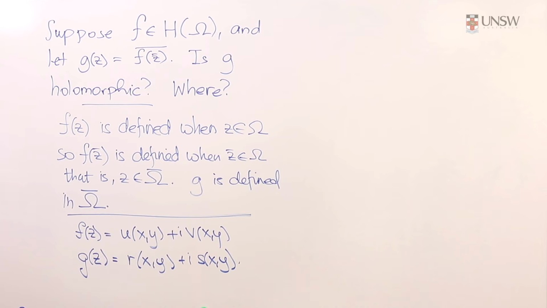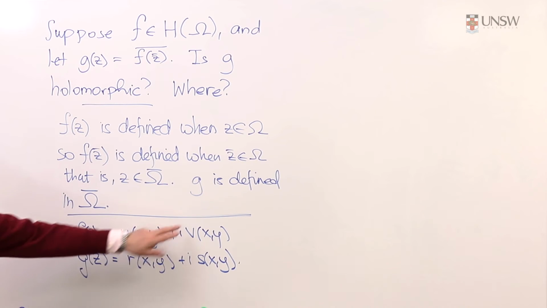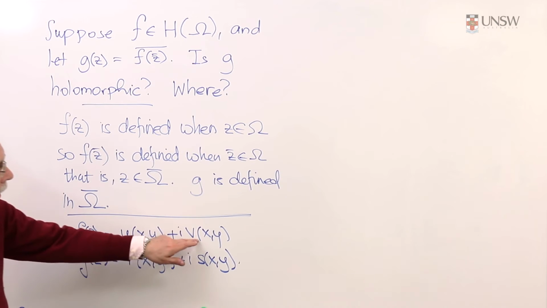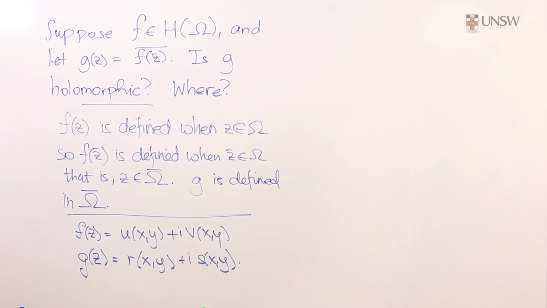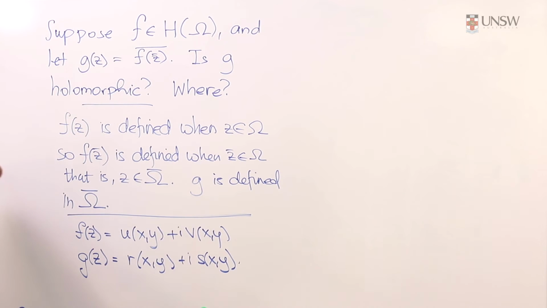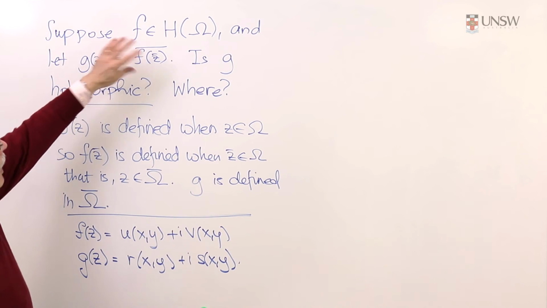Now, the question is, what is the relation between u, v, and r and s? Well, these are real, these are purely imaginary, so there must be some relation between these two and some relation between these two. Well, the real part of g is the real part of f conjugate of z bar, but that's the same as the real part of f.